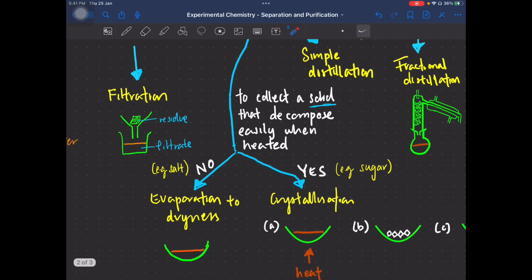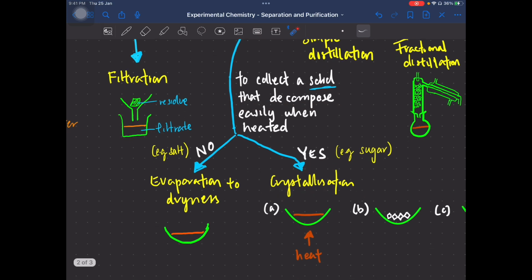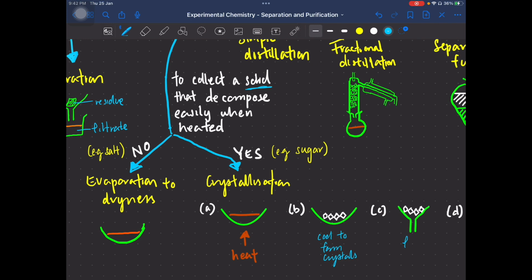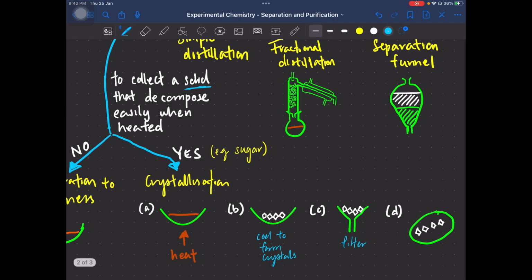So for a solid that will decompose, so under the yes section, we must use this method called crystallization. Crystallization is a process whereby we will heat until the solution is saturated, allowing the solution to cool down to form crystals. Then we'll do a filtration to collect the crystals.